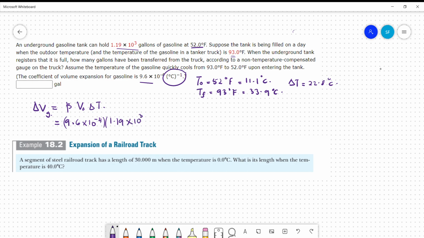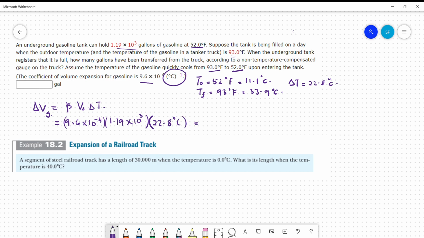gallon. The gasoline quickly cools from 93 to 52 upon entering the tank. So it means once it is inside the tank, it no longer expands. Once the gasoline is entering the tank, there is no more expansion in the tank. Next, delta T is 22.8 degree Celsius.